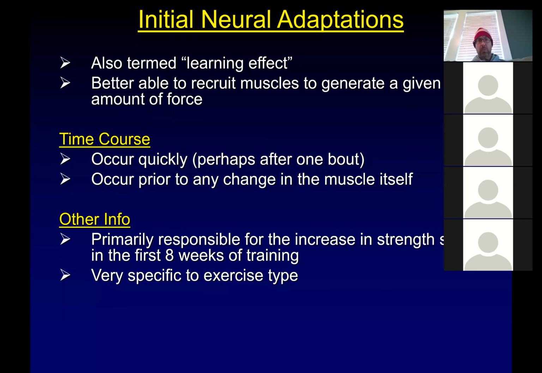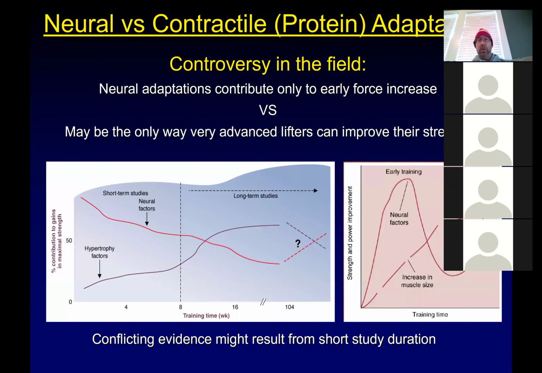Okay. So typically early in training programs, especially with people that have never done those kinds of lifts before, we see very, very big increases in neural factors. Okay. So look at this panel here on the right. Training time, there's going to be this kind of steady, gradual increase in muscle size, right?